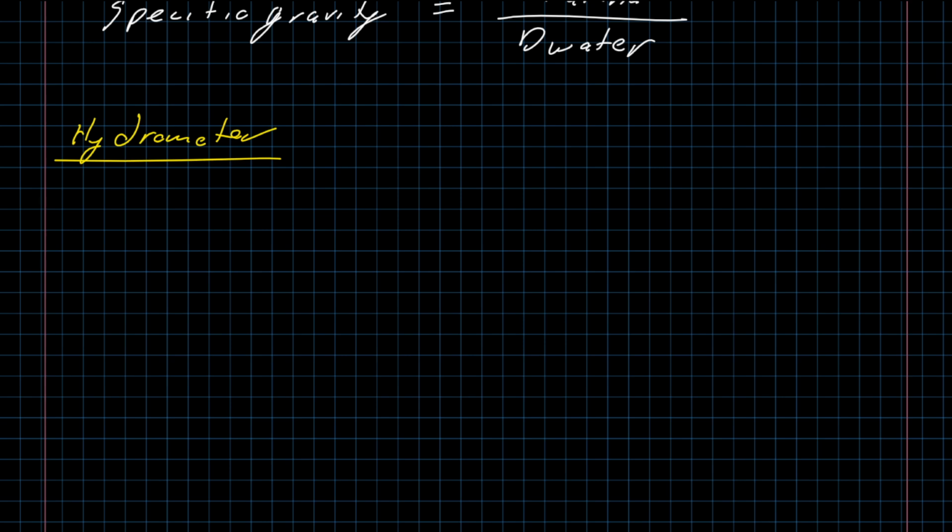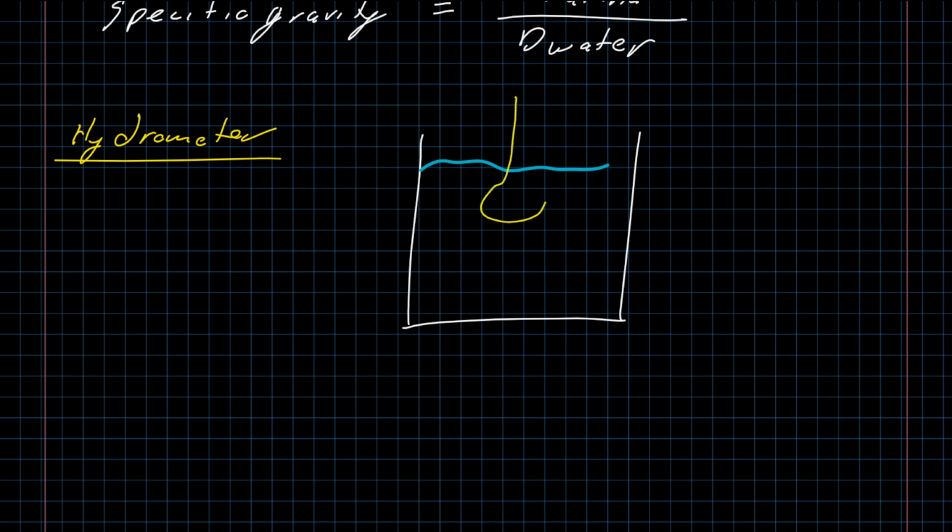There is a measuring tool called a hydrometer whose purpose entirely is to figure out the specific gravity of a fluid. So if you have a fluid, we're going to stick this thing in it. It generally is a long skinny flask with a bulb in it.